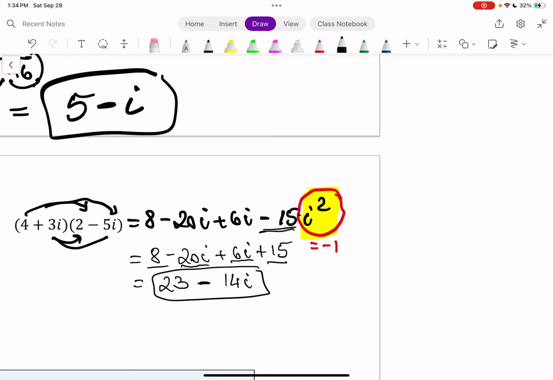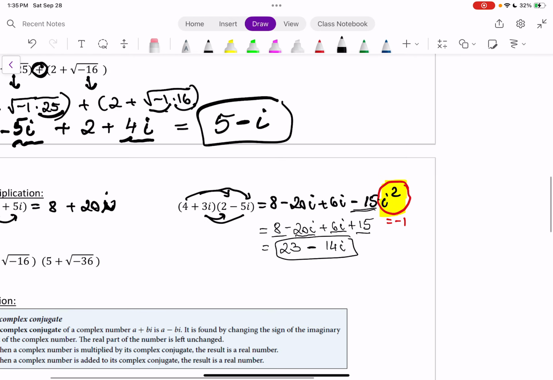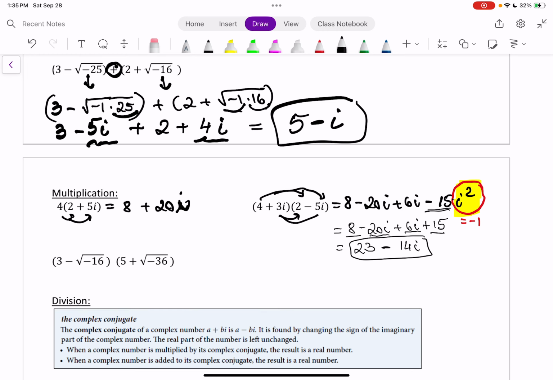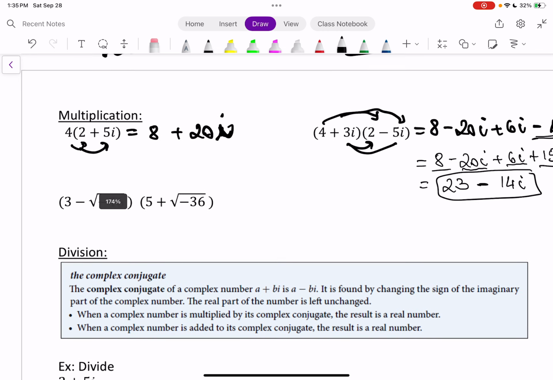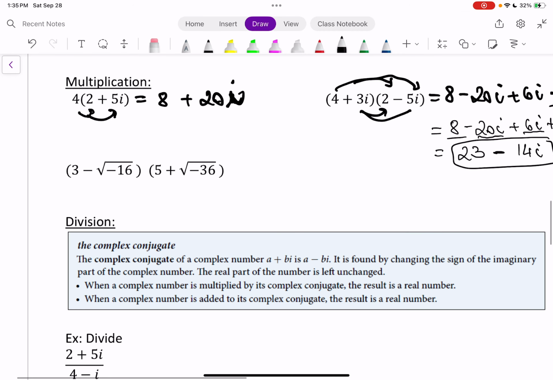So that's, again, what's going to happen. That's the difference to multiplying i's versus just adding them. You will end up with an i squared that has to be replaced. So here it is one more time. I'm going to simplify these expressions.